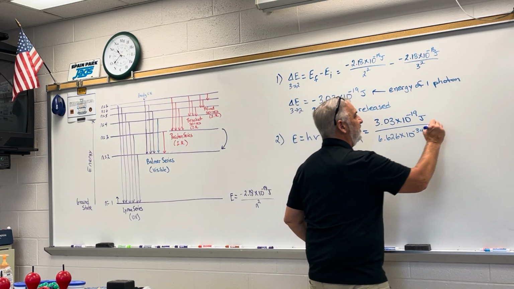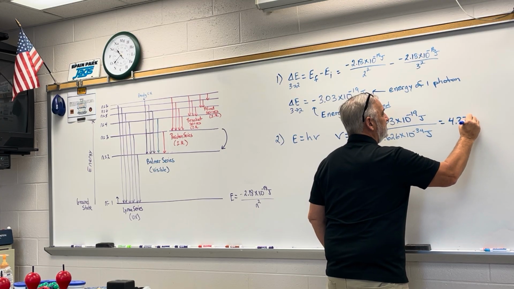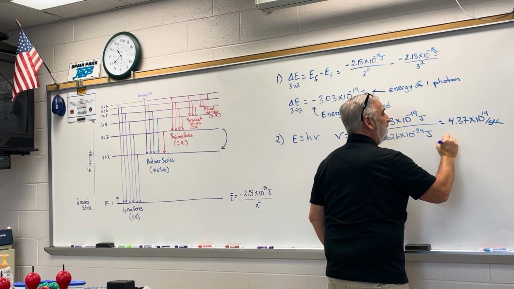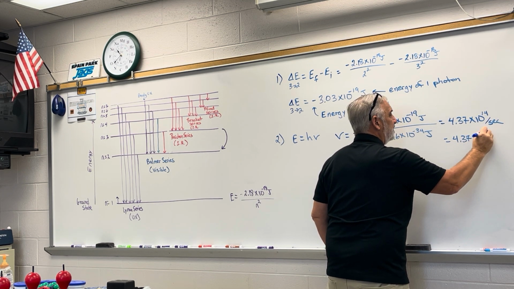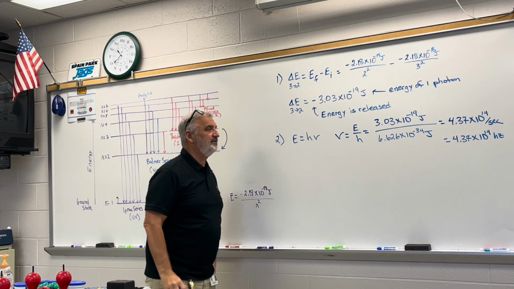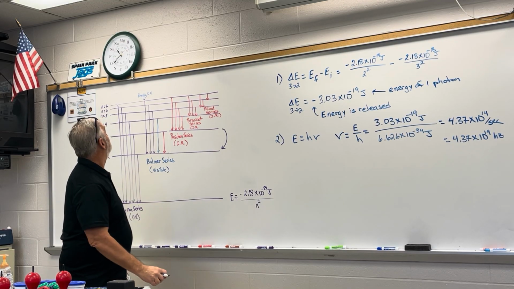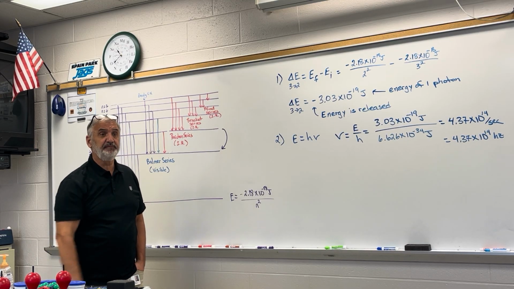And when you multiply all this out, it's going to end up equaling 4.37 times 10 to the 14th per second. And a per second is known as a hertz, named after Heinrich Hertz, who did the photoelectric effect. That's the frequency that this photon is going to be traveling in.